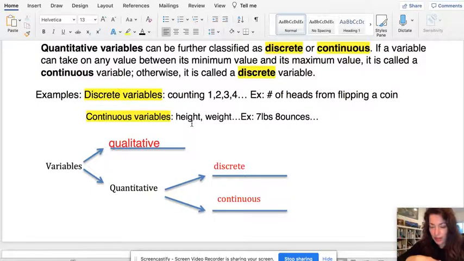So for example, if a height is 173 centimeters, that will be continuous. So everywhere I look, there will be a measurement. But if I'm counting 5 people, I'm not going to say 1.2 people. So there's a jump between the first person to the second person to the third person. So that is known as discrete. So again, variables could either be qualitative, which is categorical, but if they are quantitative, they could be either discrete or continuous.